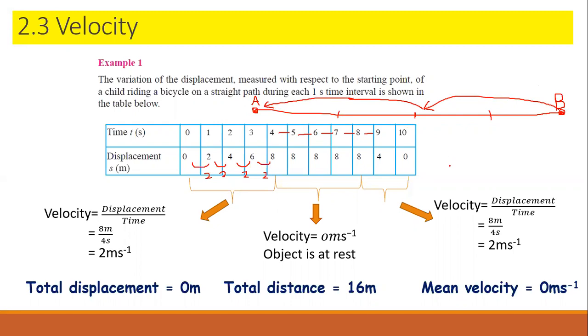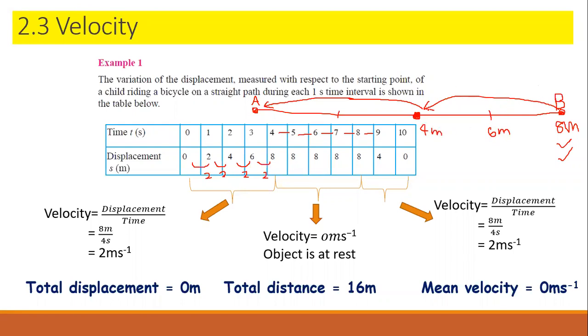We have to identify this. Here in the 9th second displacement is 4 meters. Earlier he was at 8 meters and had rested there. And before that, in the 3rd second, he was at 6 meter displacement. But now it is saying that displacement is 4 meters.